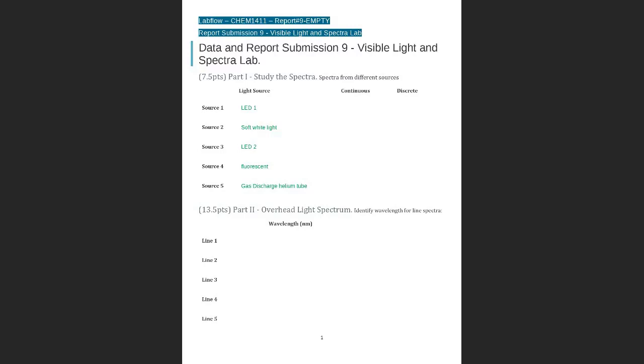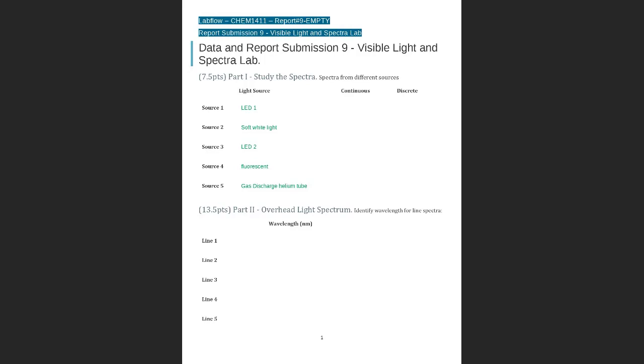So as you see, the report has 3 parts. The first part is to recognize if the light is a continuous light or a discrete light. And for that, you will look at sample data.